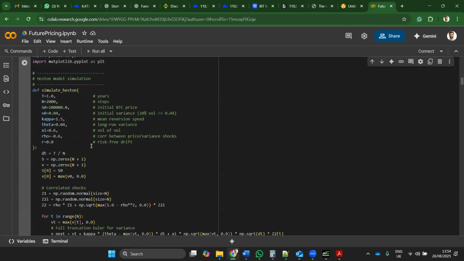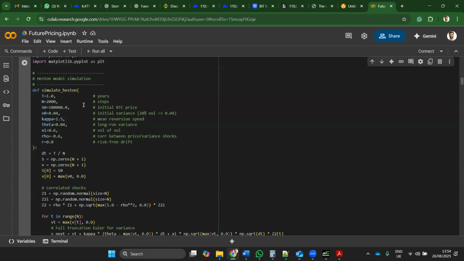Okay, we're doing the risk assessment in this case for BTC future prices. So first we will simulate the BTC price. For that purpose, we can simulate the BTC price by many methods.